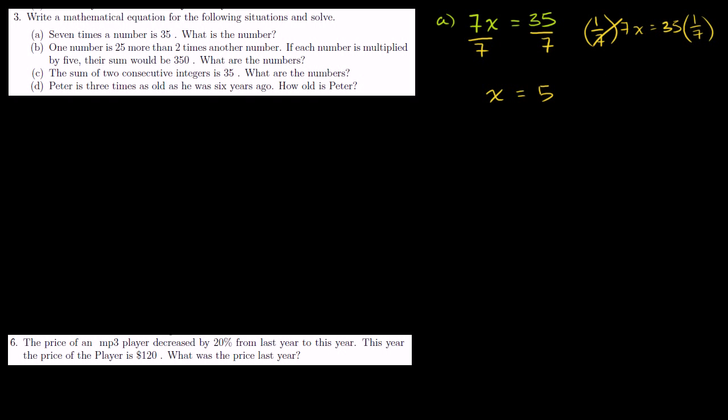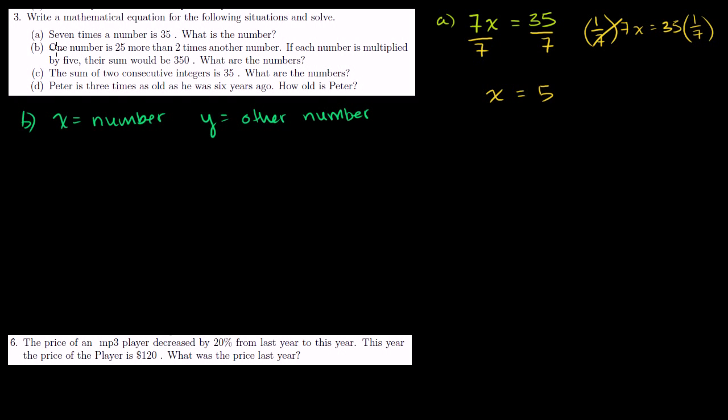Part B. One number is 25 more than 2 times another number. All right, so let's say that x is equal to a number, the one number, and let's say that y is equal to the other number. So they're introducing more variables here.